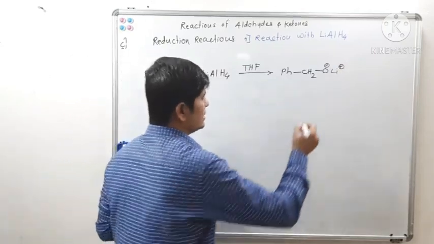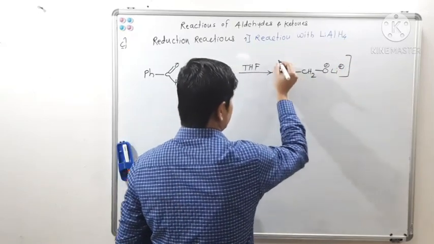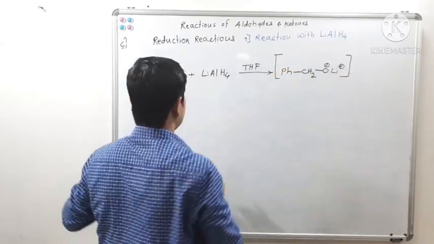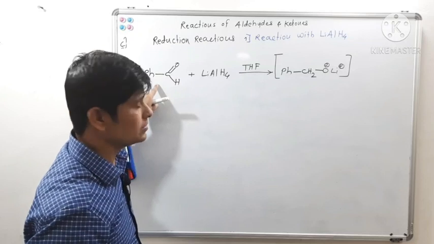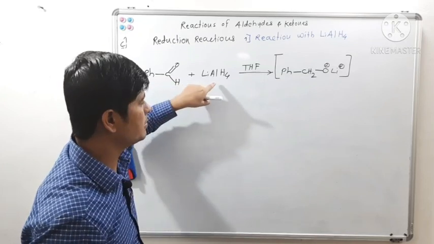You will get this intermediate in the first step when you react an aldehyde like benzaldehyde with lithium aluminum hydride.